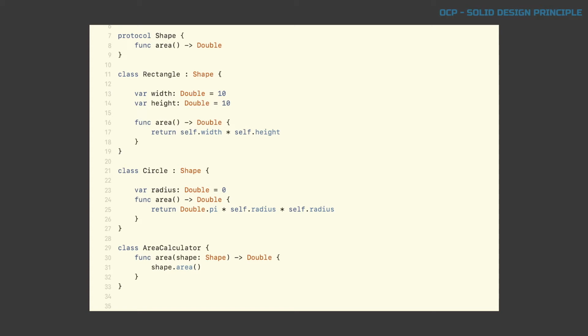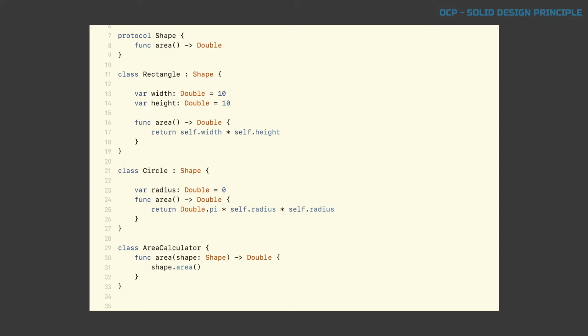So we understood the problem: the AreaCalculator class kept adding multiple functionalities, because it has to identify the shape and then work on it. So we were changing the core class. How can we now avoid this using interfaces, which are called protocols?